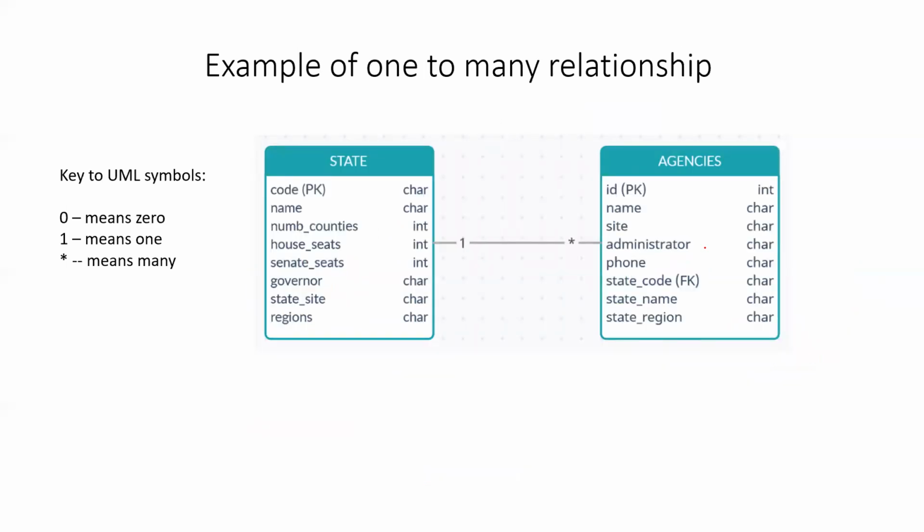Oh, here is the other example of the other notation, the one more related to UML and class diagrams. So there are three symbols we usually use. 0 means 0, 1 means 1, and this asterisk means many. So the way we read this is each agency can have only one state, only belong to one state, but each state can have many agencies.